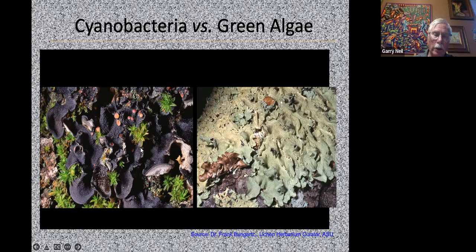They're almost like jello. So those particular lichens are very characteristic of being, number one, black, and also, once they're wet, becoming very, very soft, almost like jello or something of that type. Whereas those that have green algae don't have this kind of characteristic.